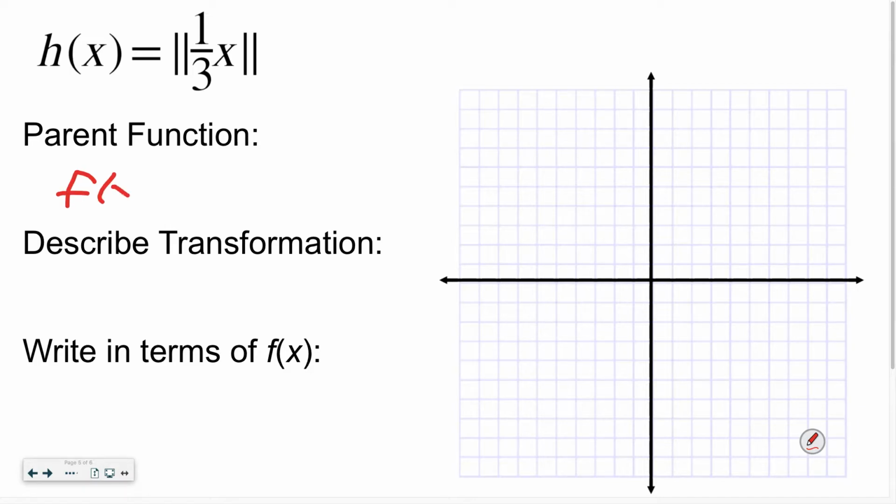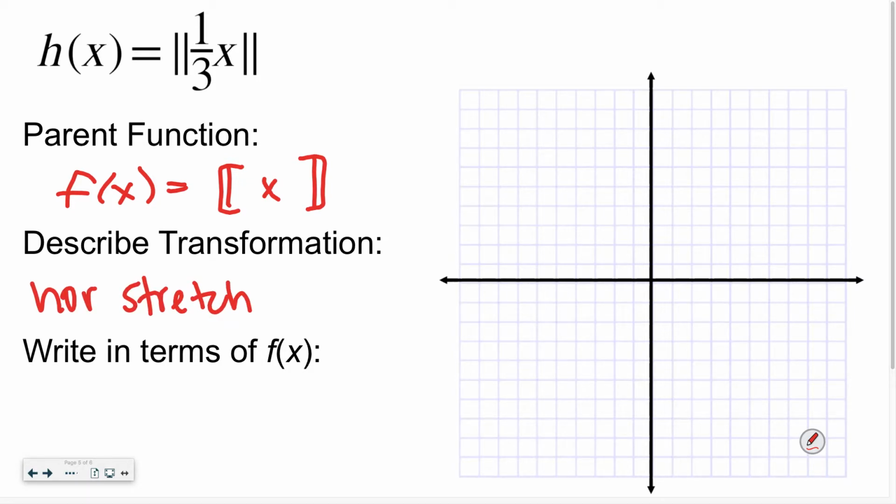Okay, so we have the greatest integer function. I've been eavesdropping. All right, but that 1/3 in front of the x. The 1/3 in front of the x. It's a horizontal stretch of 3 or 0.3. 3 or 0.3, which one? 3. Good job.